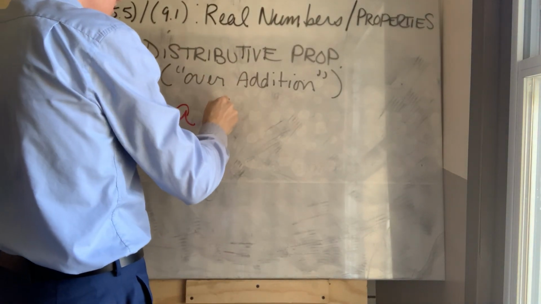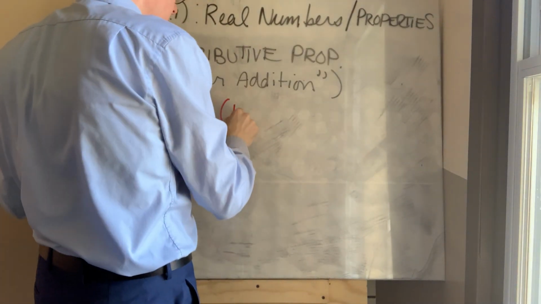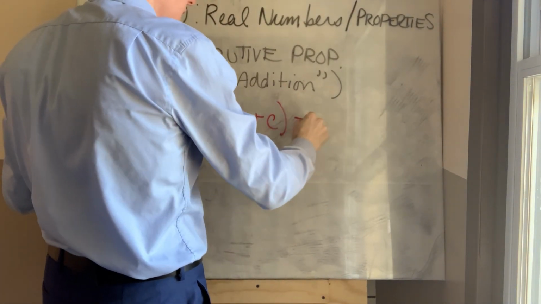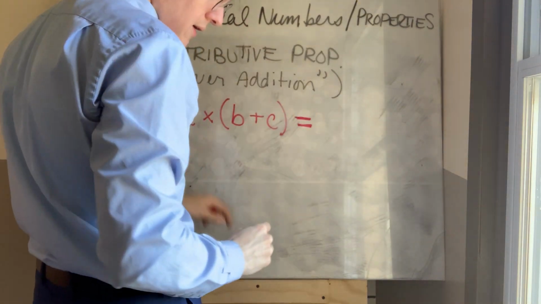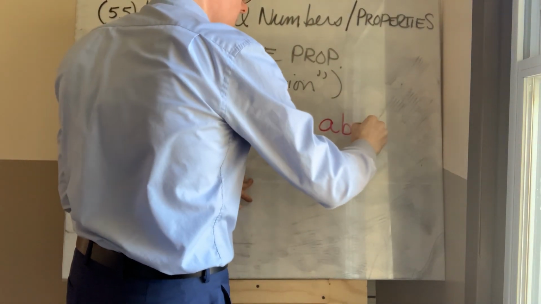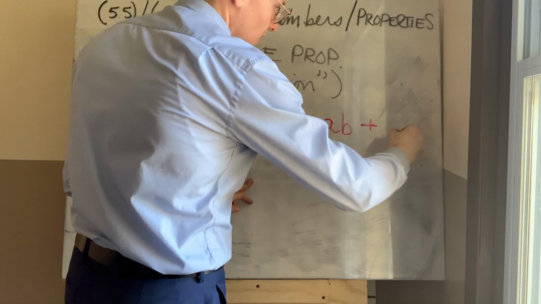A times the quantity B plus C is equal to AB plus AC.